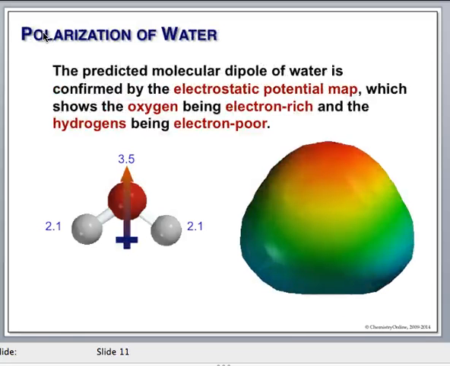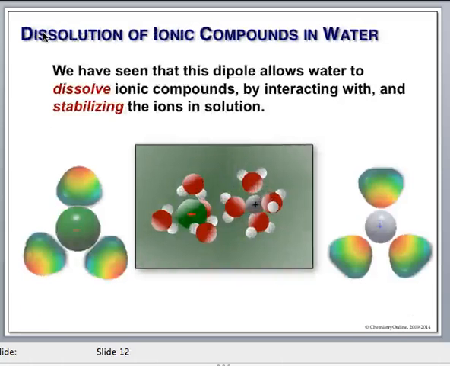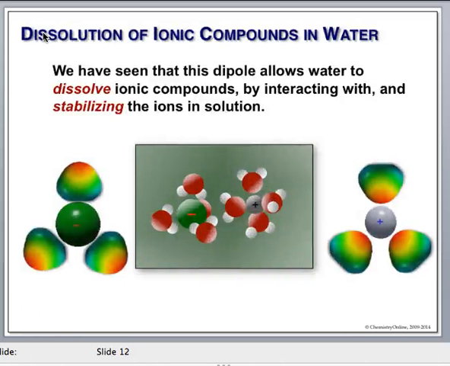Now, we use this to rationalize how water can take a crystal apart and dissolve an ionic substance. We said that as the ions are removed from the crystal, they are surrounded by waters, and in doing so, the water orients itself so that for the anion, the positive ends of the water dipole are all pointing towards the anion, and for the cation, the negative ends of the dipoles all point towards the cation.